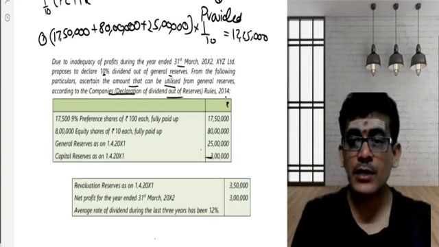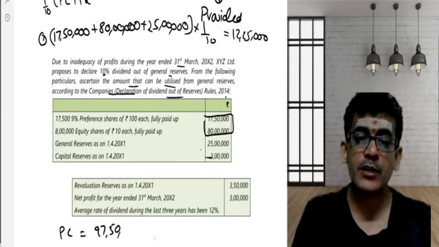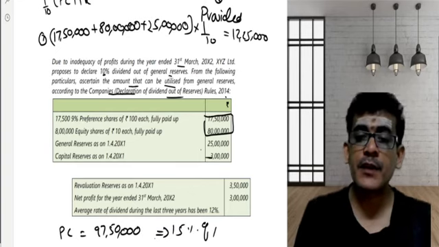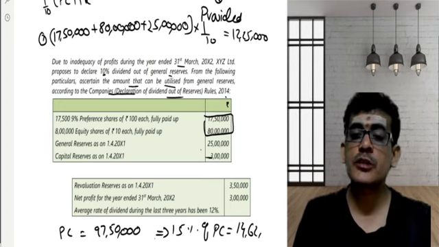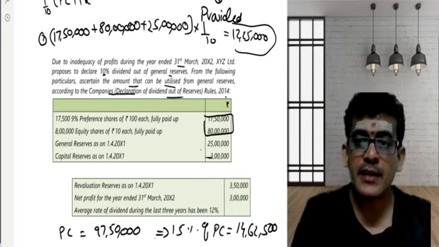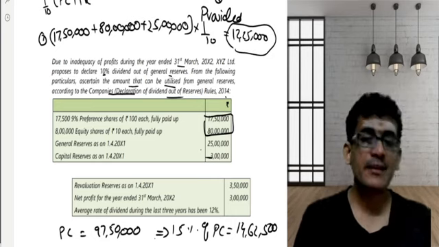Now what is my paid up capital? My paid up capital is 97 lakhs 50,000. Then what is 15% of this? 15% of my paid up capital is nothing but 14 lakhs 62,500. Now if I withdraw this amount, what is the balance of reserve you are having?